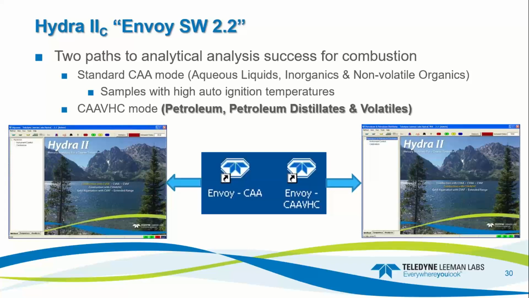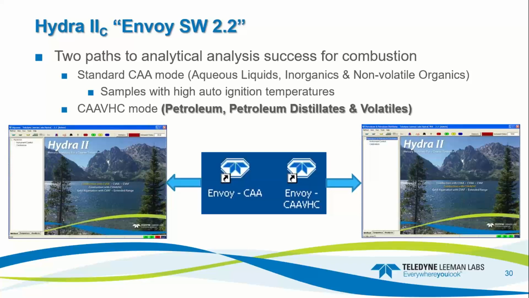And then it'll go through the regular process after that of drying and then a combustion to remove everything, all the mercury within that combustion zone, pass it through the catalyst and get it loaded onto the cold trap for analysis.